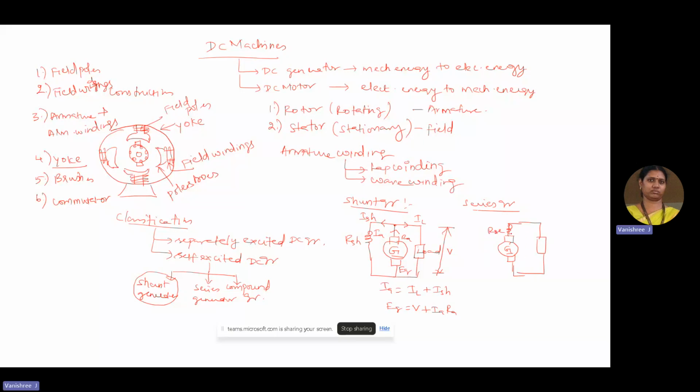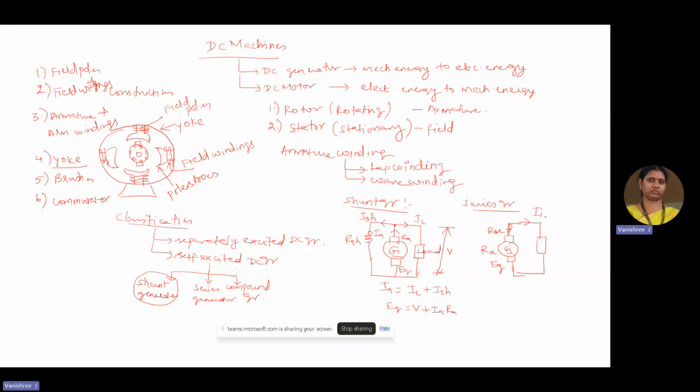So the resistance offered by the series field winding is taken to be RC, and the net resistance offered by the armature conductors is taken to be RA, and EG is the magnitude of generated voltage, and this is the load.